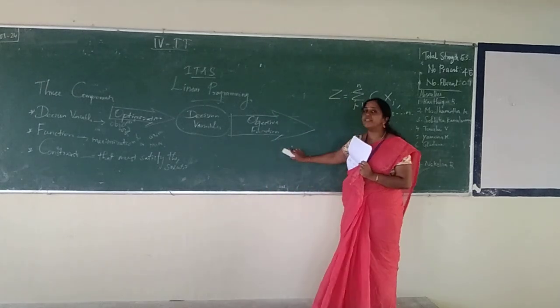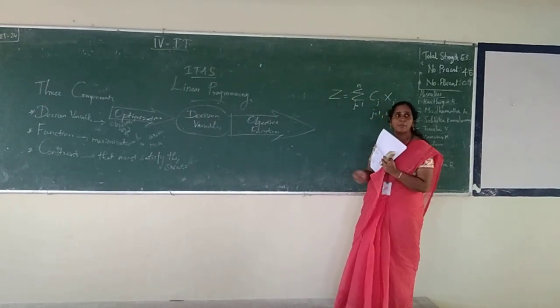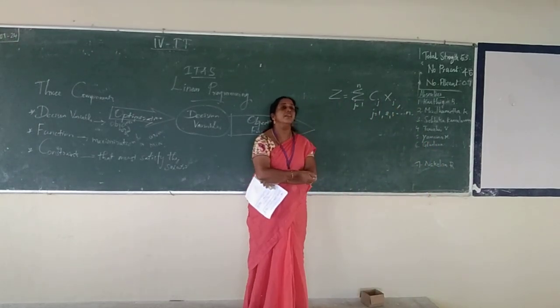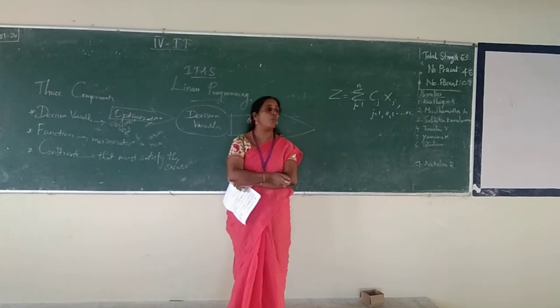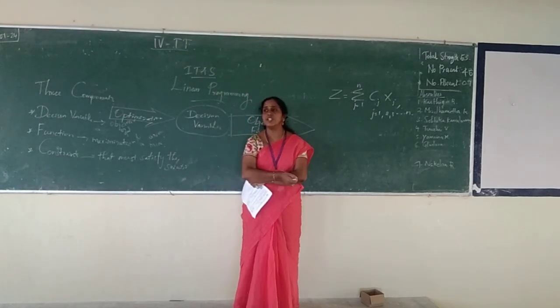The linear equation is written in this form: Z equals sigma j equals 1 to n of cj xj, where j value is between 1 to n. This is a linear equation.